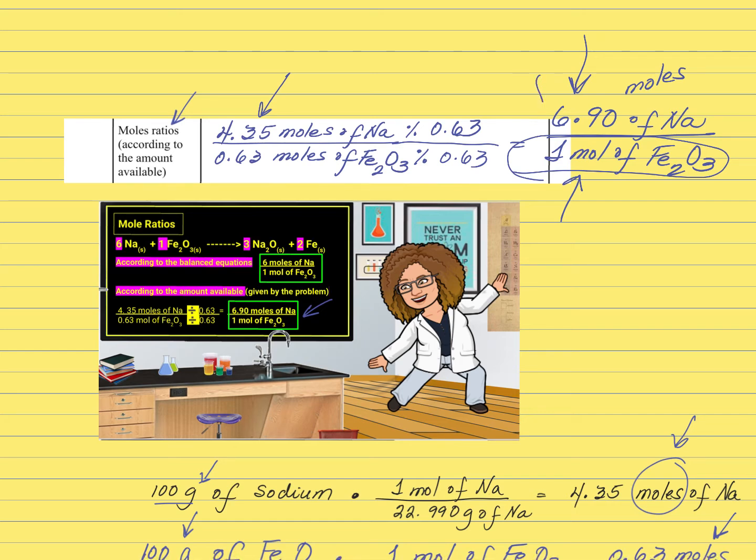This is the new mole ratio given by the situation that I have in my problem. So I have a theoretical mole ratio given by the balanced chemical equation, and I have a real one given by the real amounts that I have in that situation.